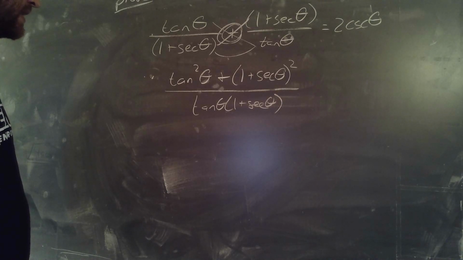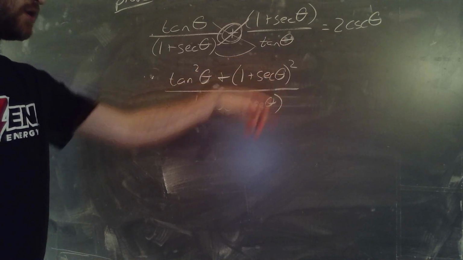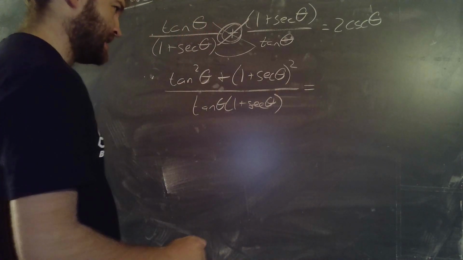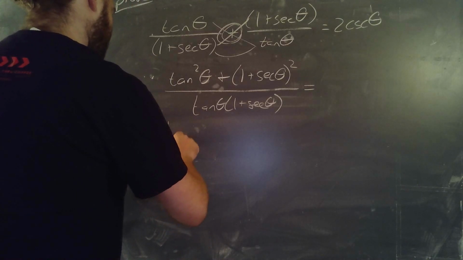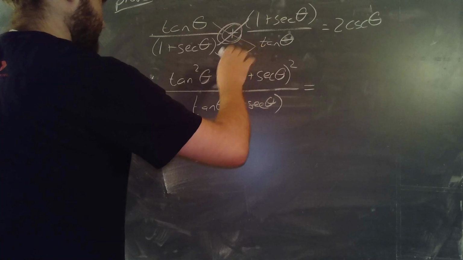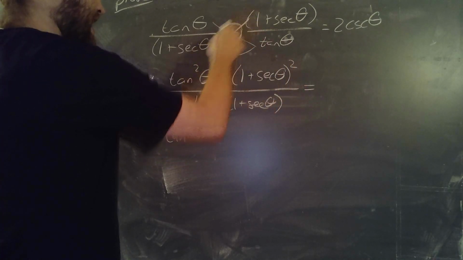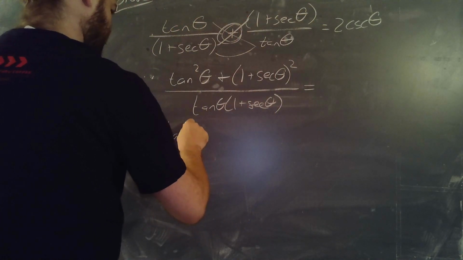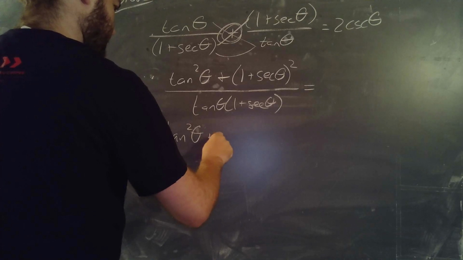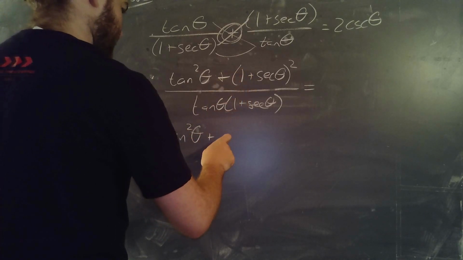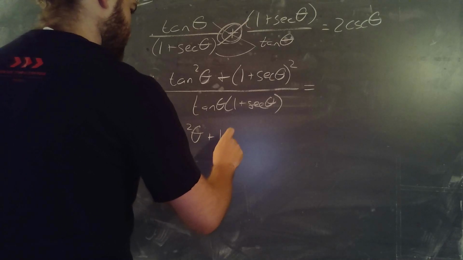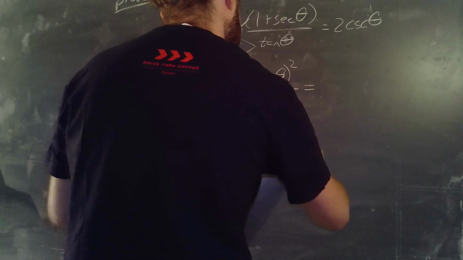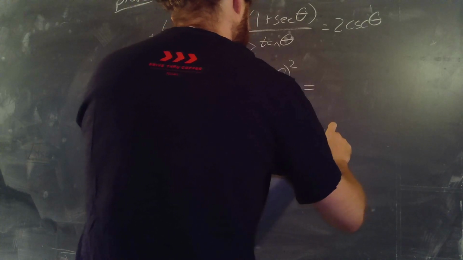What I can notice is that 1 plus secant all squared is an example just like the last one that I did. So if I FOIL that out, remember that's like 1 plus secant times 1 plus secant, and you can see that clearly here. It's this binomial times this binomial. So we'll have tangent squared of theta, that's along for the ride, plus, foiling this out, we'll have 1, then we'll have plus 2 secant of theta plus secant squared of theta.